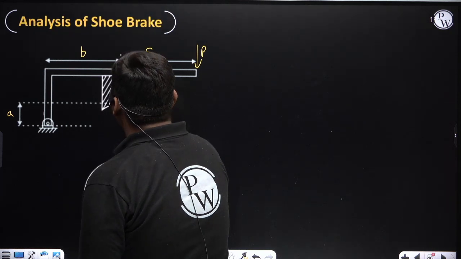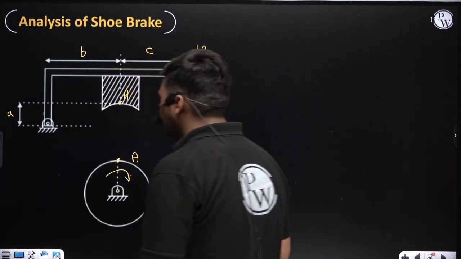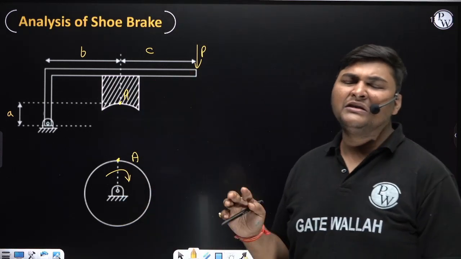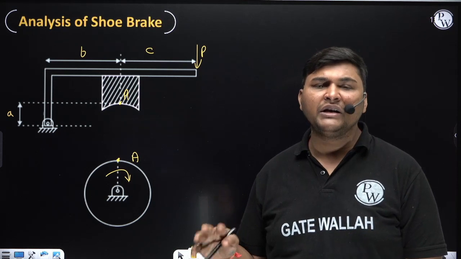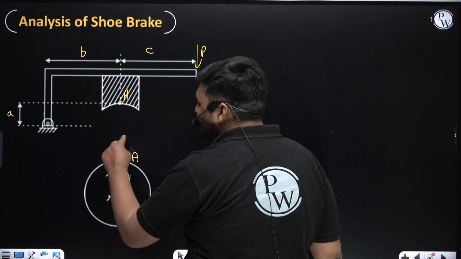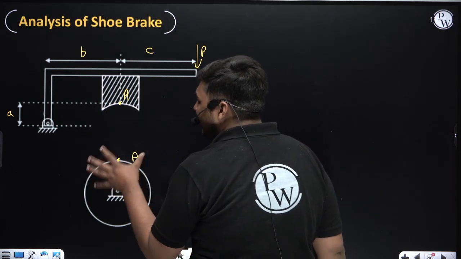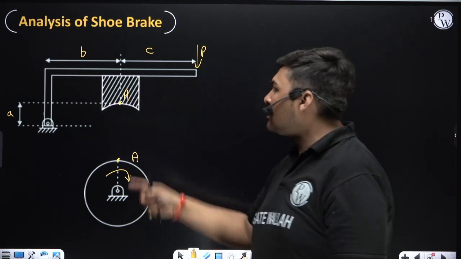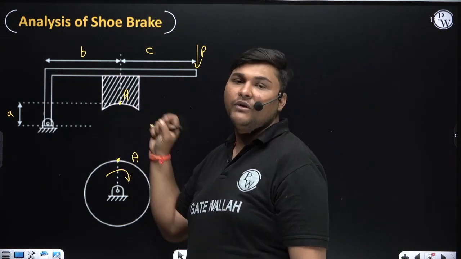When we draw the FBD of this drum and lever, we need to find the contact force at location A in the FBD of drum and in the FBD of lever. You already studied how to draw FBD in engineering mechanics. If we are able to find the contact force acting at contact point A in the FBD of drum, then equal and opposite contact force will act at point A in the FBD of lever.